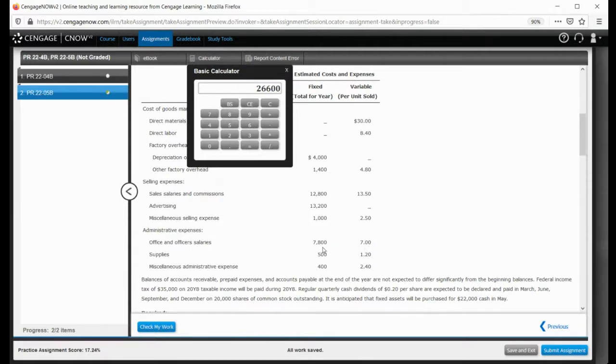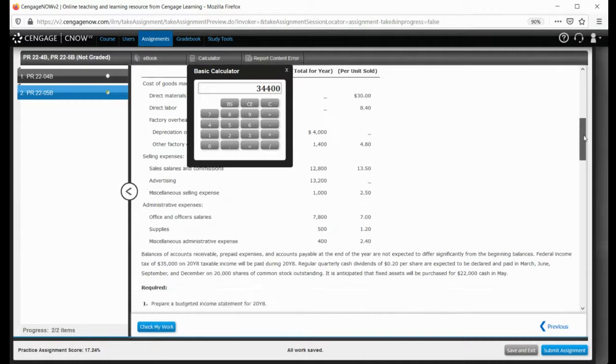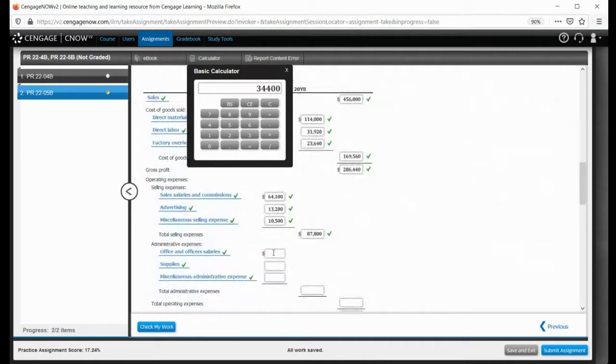Then you're going to add your fixed portion to that of 7,800. So the total amount is $34,400.